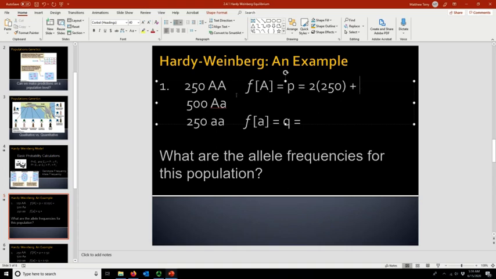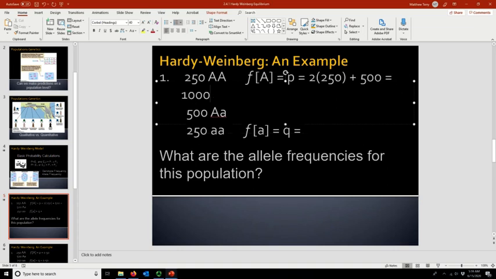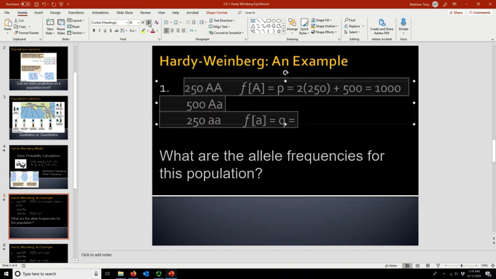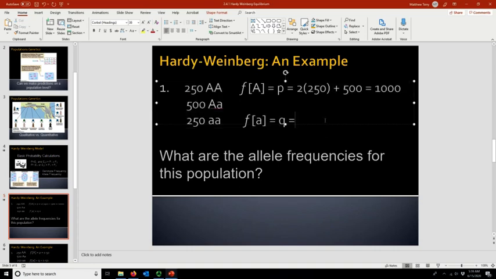Now, I only add them in once because these 500 heterozygotes only carry 1 copy of the big A allele. So what I've done here is simply added up all of the big A alleles in my sample. So I have 1,000 big A alleles. Let's make these a little bit smaller so that we can see it all. Okay? So that is the count of the big A allele.